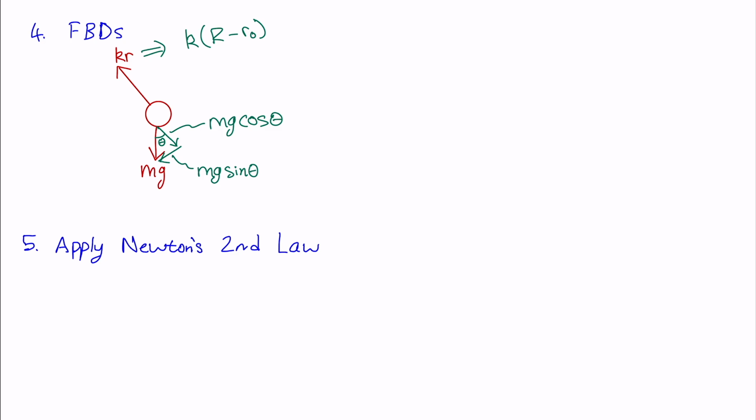Okay. In that case, we're going to move on and apply Newton's second law. The sum of the forces, vector force, is equal to the mass times the acceleration vector.